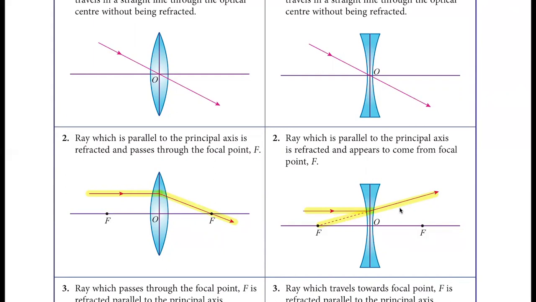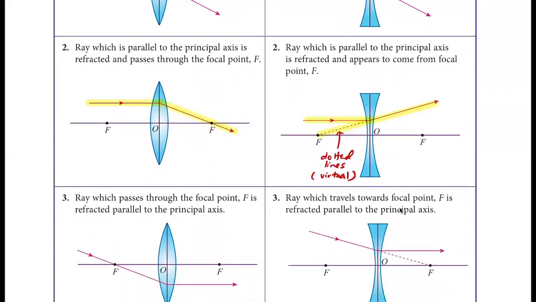If it is at the same side as the object, it is a virtual image. So the lines that you should draw here should be dotted lines, indicating that it is virtual. This is for the concave lens.